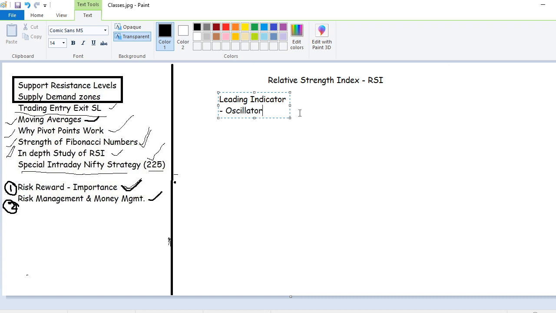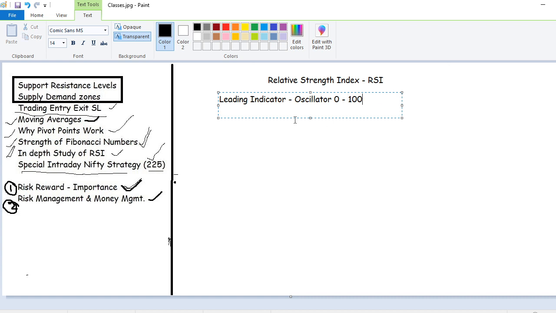That means the value of the RSI ranges between two levels, which is 0 to 100. So RSI is a leading indicator which shows the relative strength of buying, and it is an oscillator whose values vary between 0 to 100.